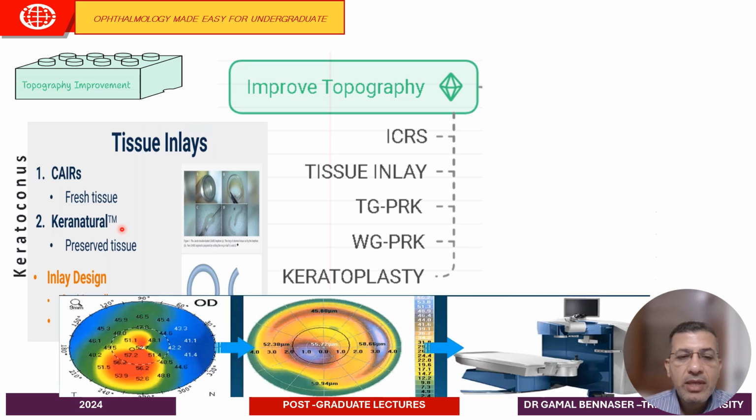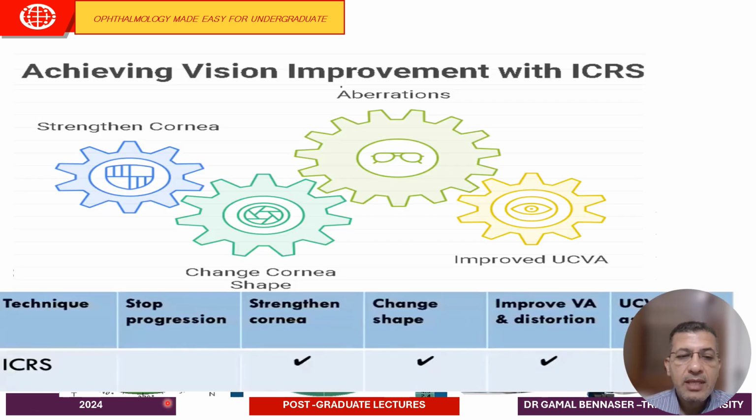Another is the use of topography-guided or wavefront-guided laser ablation to improve the shape. Once we improve the shape, we are dealing with the high order aberrations, which is one of the main important targets in patients with keratoconus who suffer from coma, mainly vertical coma, secondary astigmatism and excessive spherical aberrations. So this is very important.